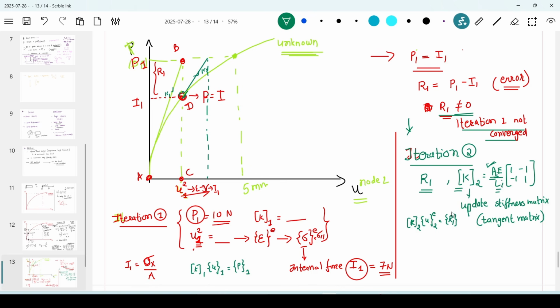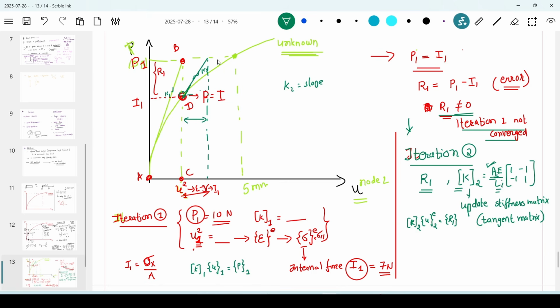Yes, the residual will become the external force here now, because this is known, right? If you have K2 here, and if you take P1, K2 is actually the slope between R1 and this new displacement increment, these two. So not P1, but we have to take R1.